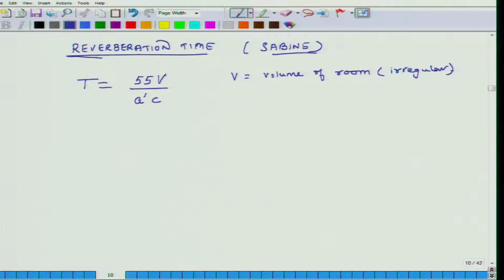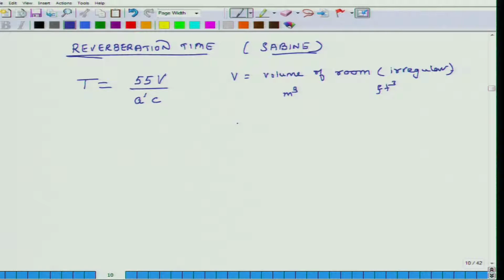If it is perfectly regular, this formula may not be very precise. But if there are some obstacles, a lot of furniture, and the walls are not highly regular, then this formula works reasonably well. So V is the volume of room, and you can either use meter cube or feet cube, but you have to be consistent in terms of units.